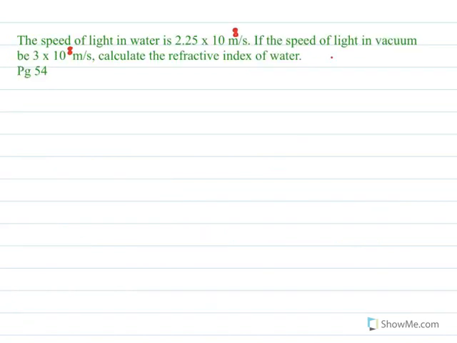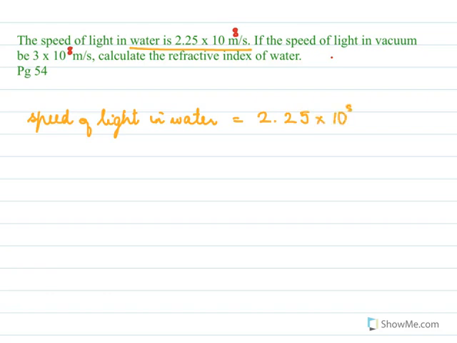The speed of light in water is 2.25 into 10 raised to power of 8. So let me write speed of light in water 2.25 into 10 raised to power of 8 meter per second, and speed of light in vacuum is 3 into 10 raised to power of 8.